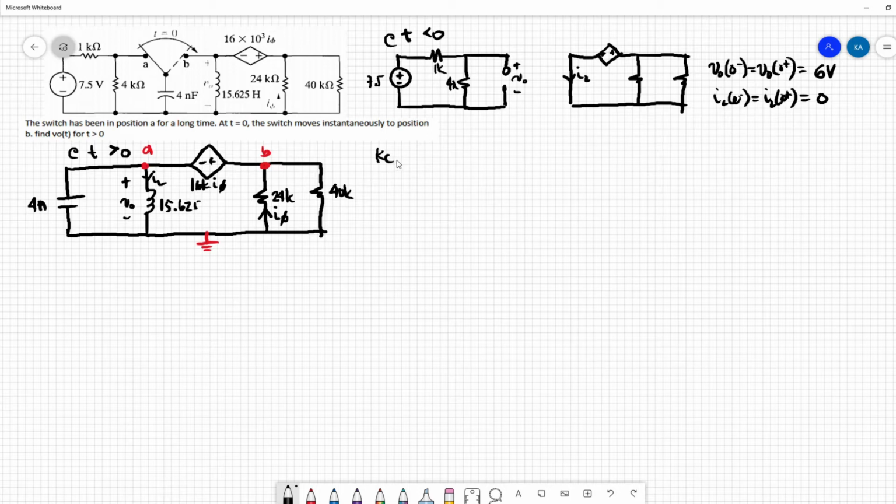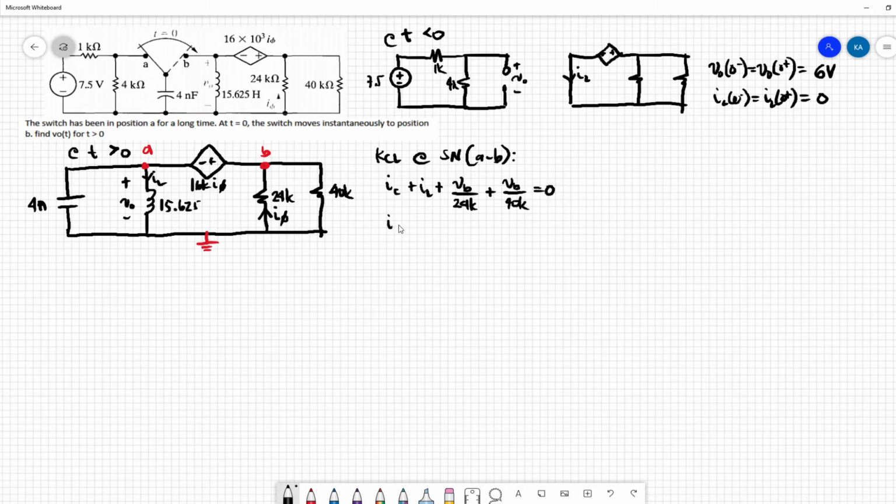Applying KCL at the supernode of AB, we have iC plus iL plus VB over 24k plus VB over 40k equal to 0.